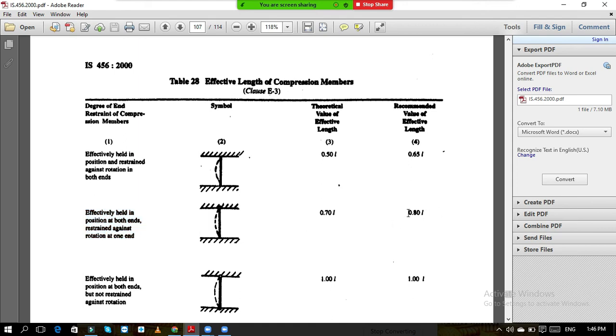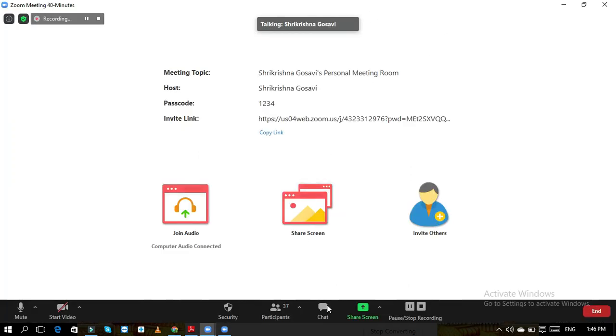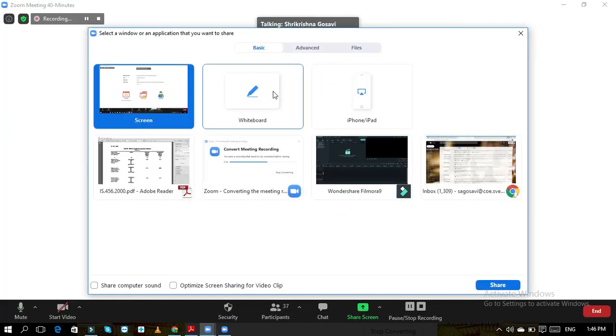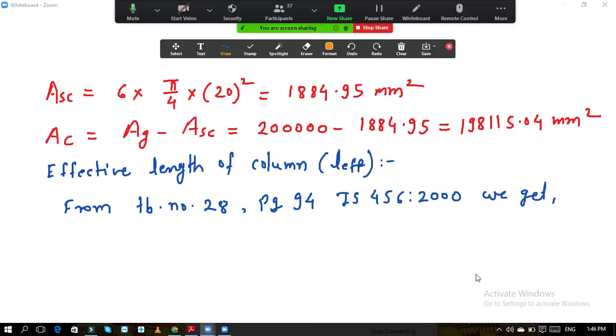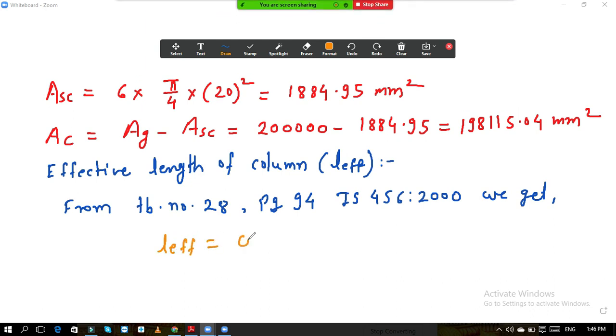Which is equal to 0.8 L. You see here it is equal to 0.8 L. So we are going to use this now. We will just put the value. L effective is equal to 0.8 L, which is equal to 0.8 into, what is the value of L given to you? 2.5, 2 meter I think.